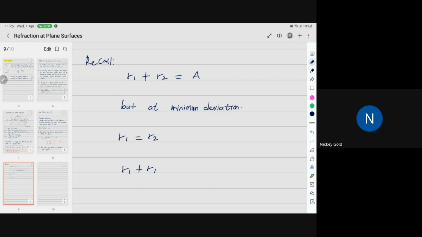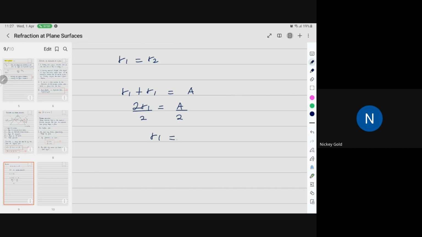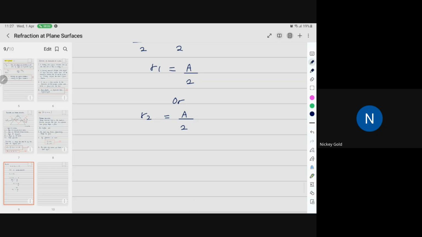Anywhere I see R2, I can plug in R1, is equal to A. So 2R1 is equal to A. Divide both sides by 2. So R1 is equal to A over 2, or R2 is equal to A over 2. So generally, we can say that R1 equal R2 equal A over 2.